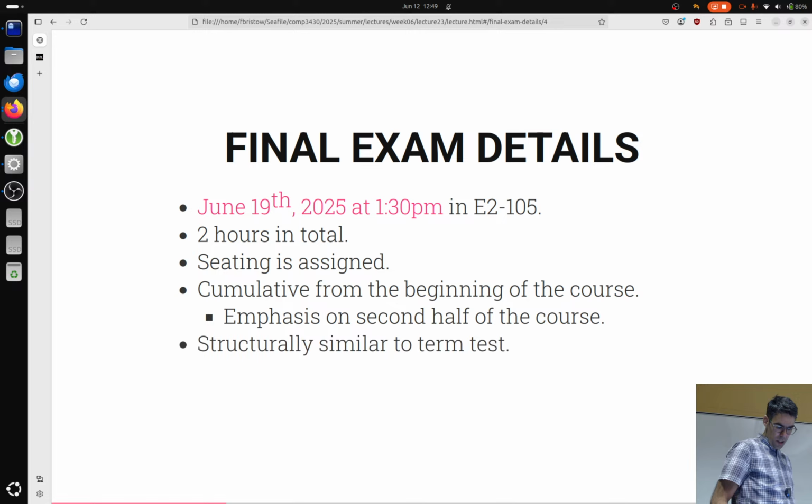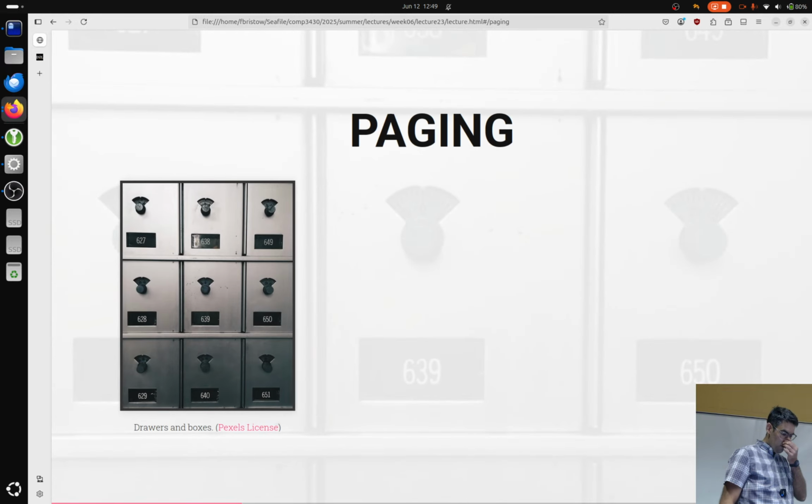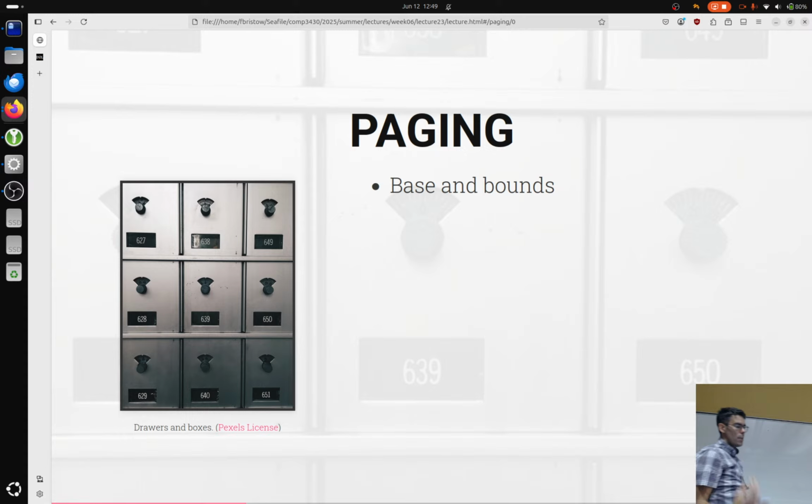But let's talk about paging. So base and bounds is our first approach to implementing virtual memory. The basic idea with base and bounds is that I want to partition physical memory, and I'm going to make my virtual address space much, much smaller so that it actually fits into these partitions.